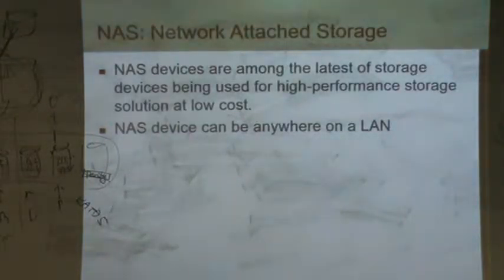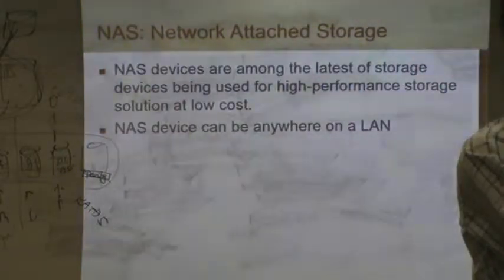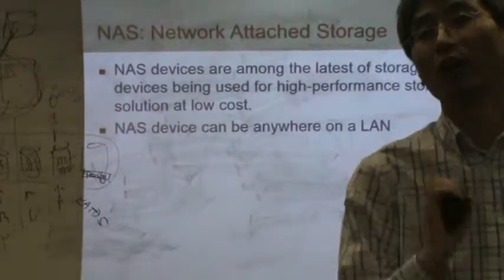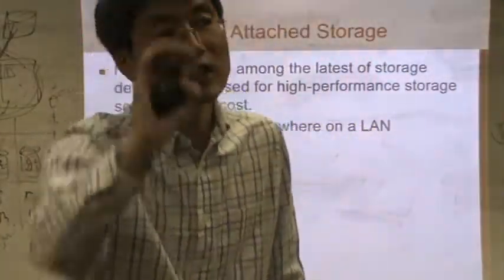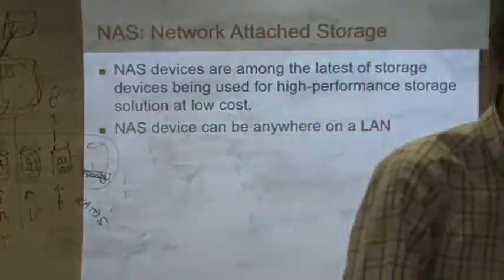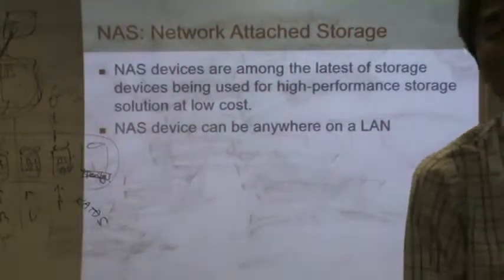Another approach is the NAS. NAS considers each storage as a computer server. So when you access the data from this storage, you need to use exactly the same mechanism as when you search for a computer.